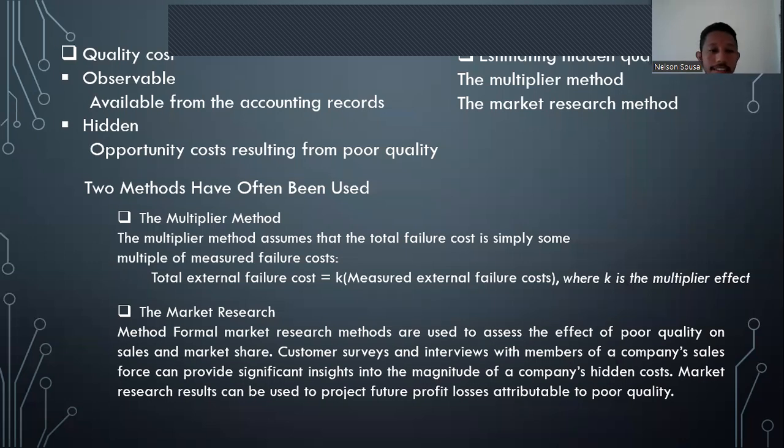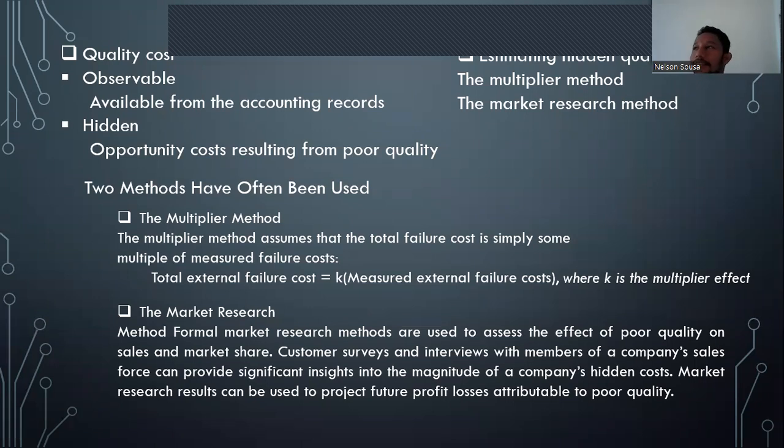Quality cost. Here, the first is observable. It is available from the accounting records. The second one is hidden. It's opportunity cost resulting from poor quality. There are 2 methods that have often been used. The first method is the multiplier method. The multiplier method assumes that the total failure cost is simply some multiple of measured failure cost. The formula is total external failure cost equals K times measured external failure cost, where K is the multiplier effect.